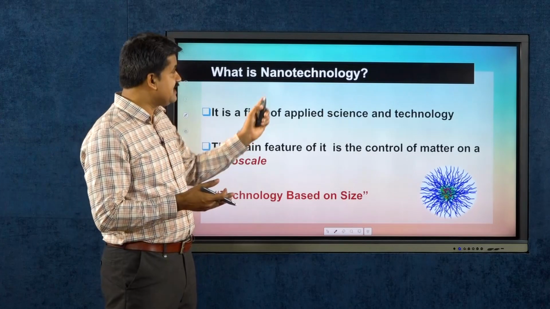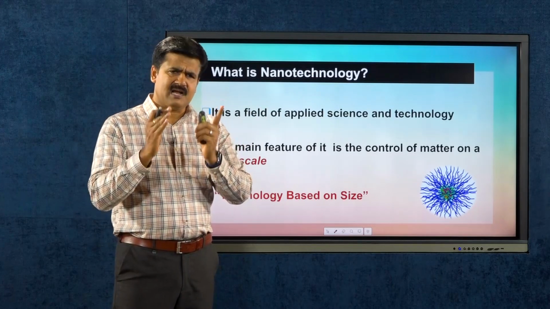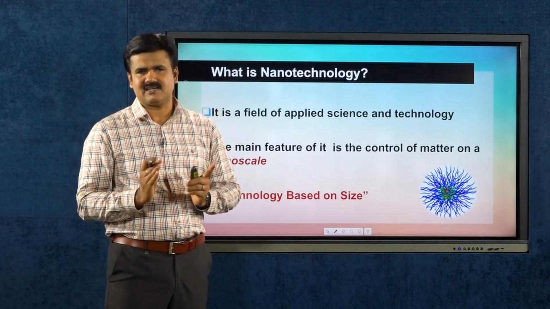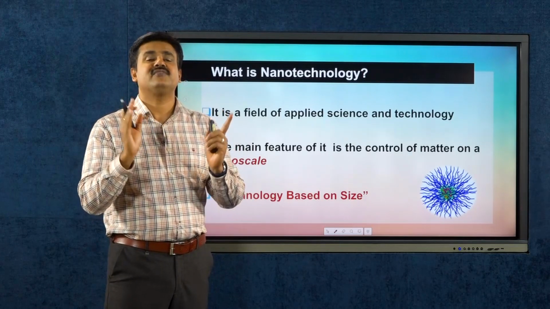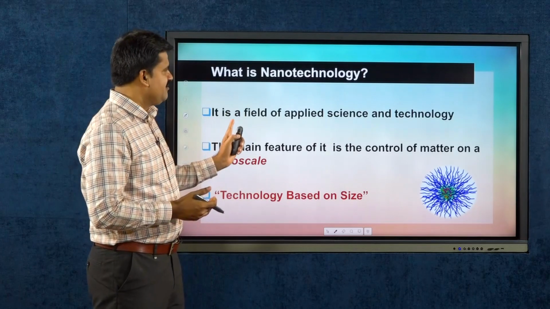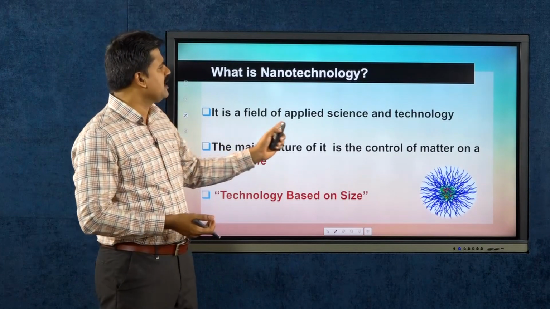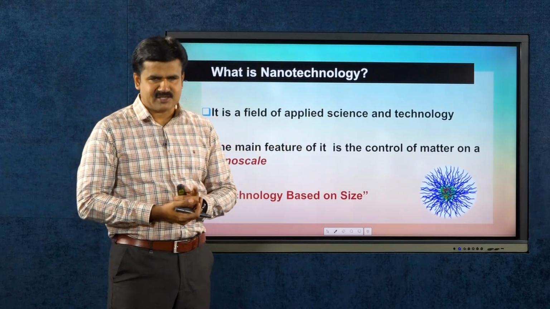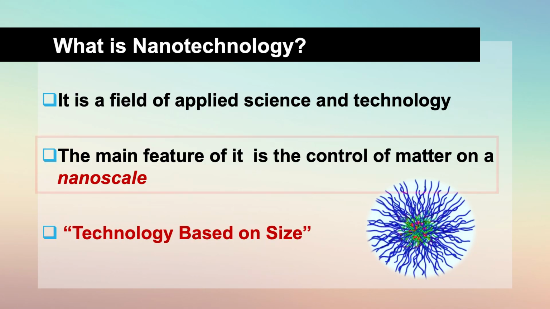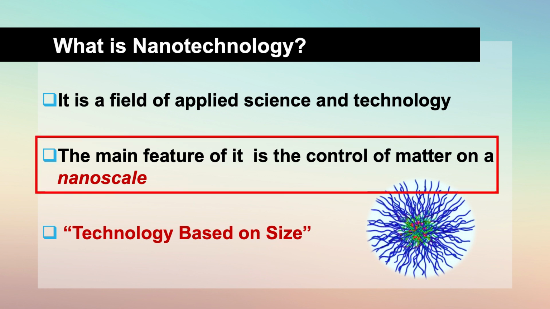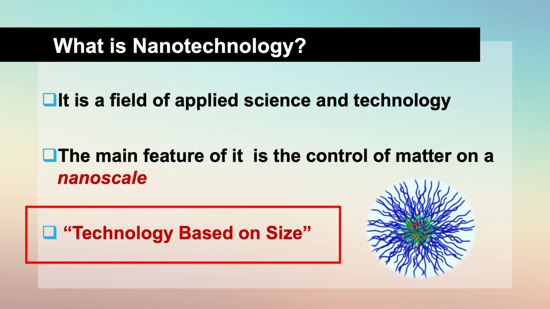Now, what is nanotechnology? Absolutely, the definition is clear. It is the application of nanoscience. We can enter into details of nanotechnology. It is a field of applied science and technology. The main feature of nanotechnology is control of matter on a nanoscale, and of course, we can arrive at the final statement, that is, nanotechnology is a technology based on size.